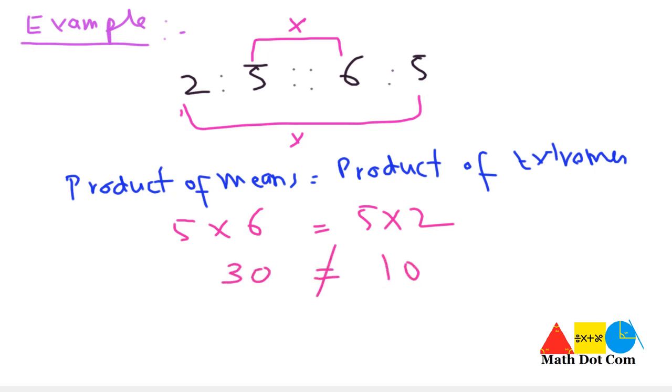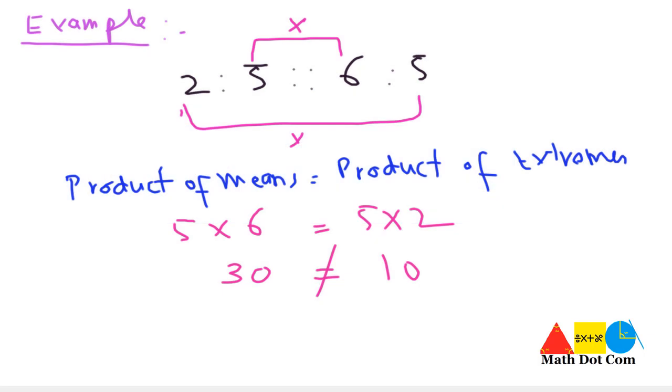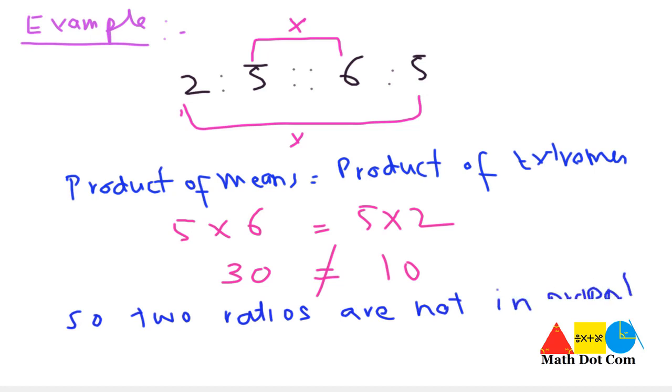It means the two ratios are not in proportion, since they are not satisfying the condition of equality of left hand side equals right hand side. So the two ratios are not in proportion. This is how you can find whether the given ratios are in proportion or not.